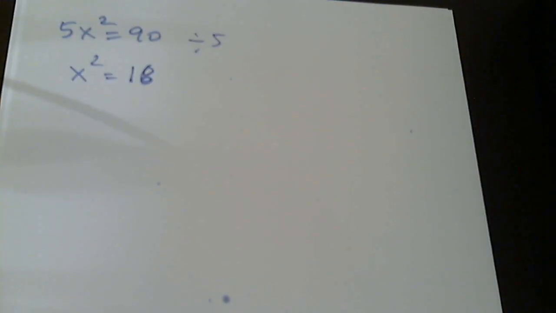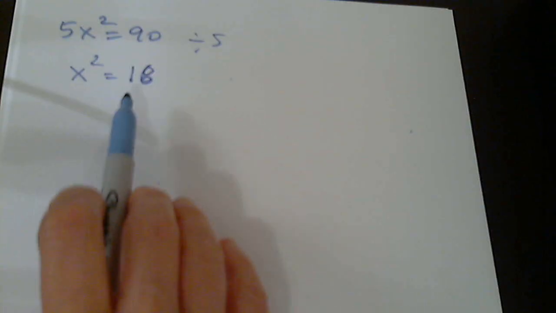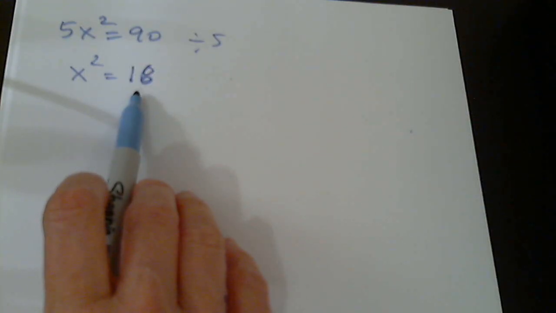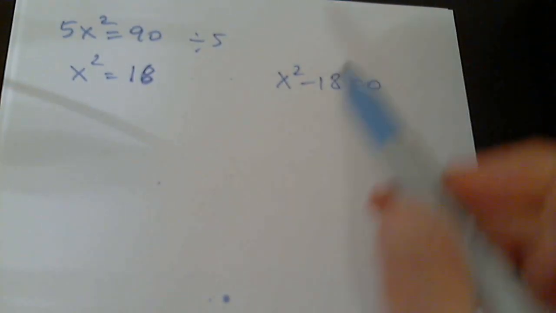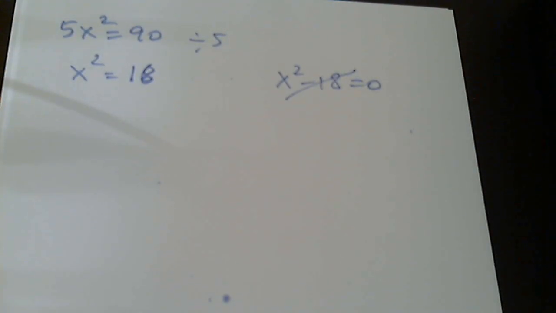Okay, good. So now it's very clear with which method I would like to use, because 18 is not, if I move it here, I cannot factor it. So factoring is not a good idea, because I can't factor a square minus 18.